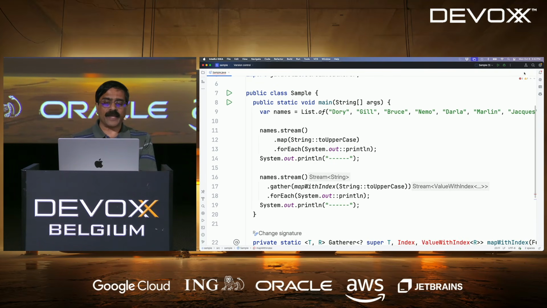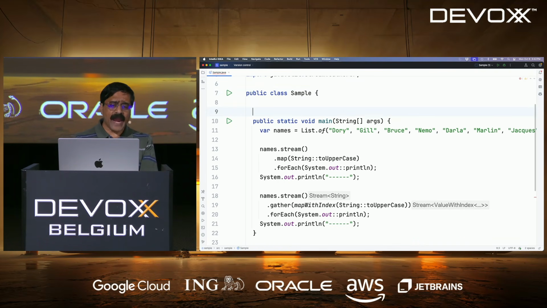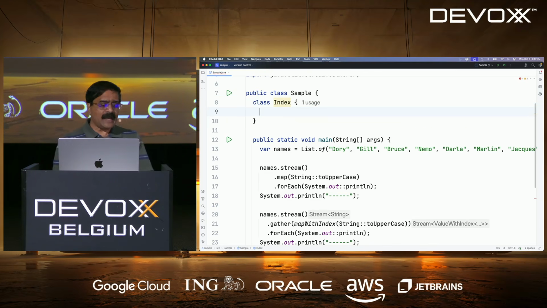So let's think about what the index is going to look like. Let's go over here and create a class called index. So the index class, what is that going to provide for us? Well, the index class, as you would expect, is going to contain the counting index, right? That's your state. So I'm going to say private int position, or the index, is equal to 0.